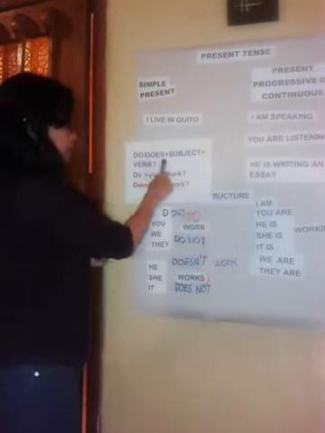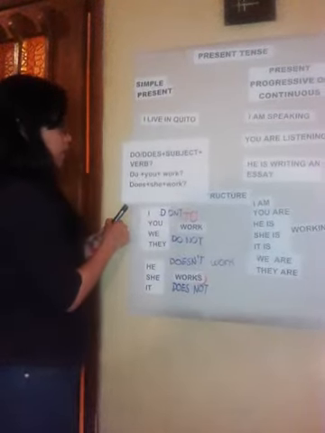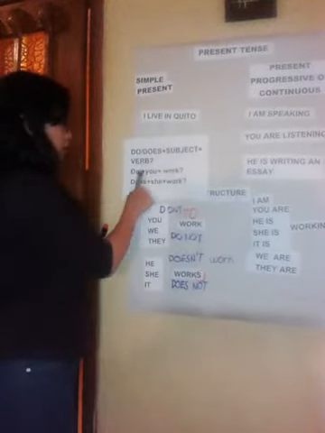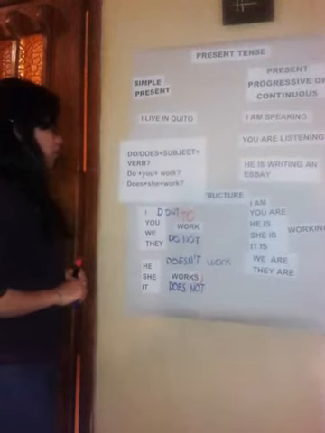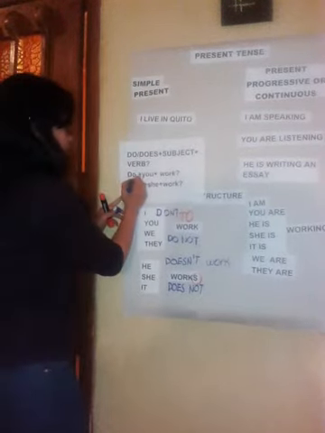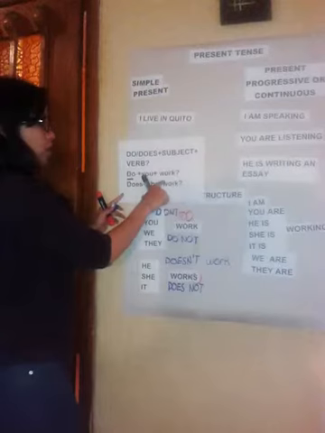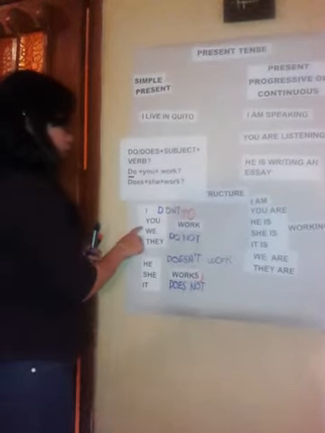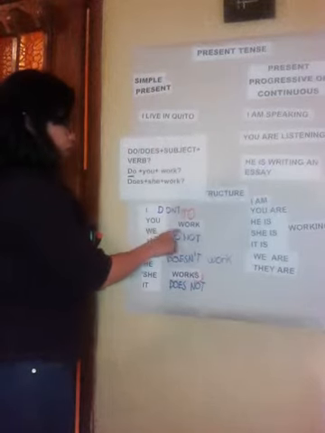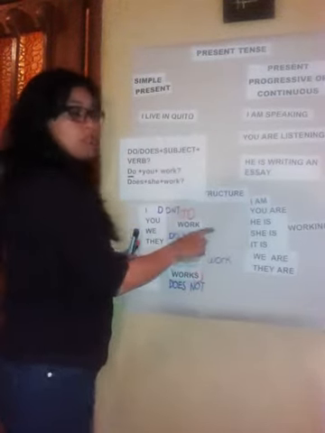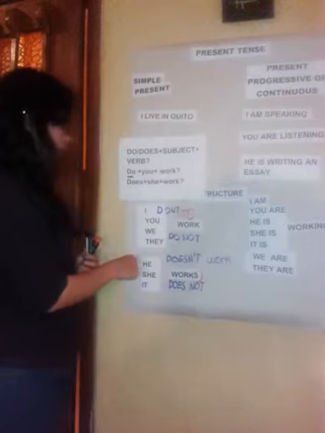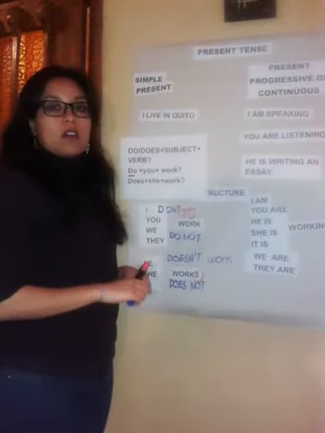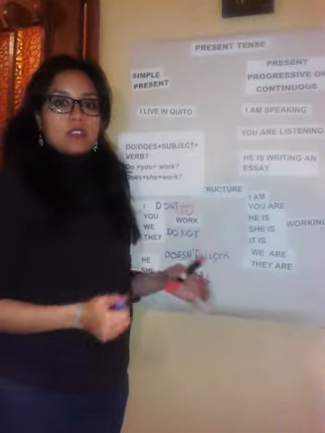Do or does plus the subject plus the verb and plus the question mark. With do: do you work in Quito, or do we work for this project, or do they work in Los Angeles, for example?